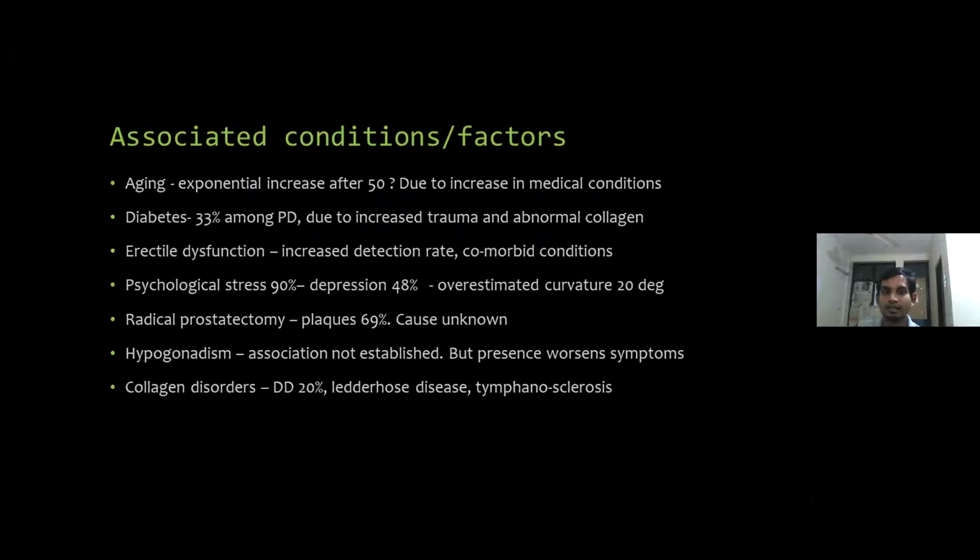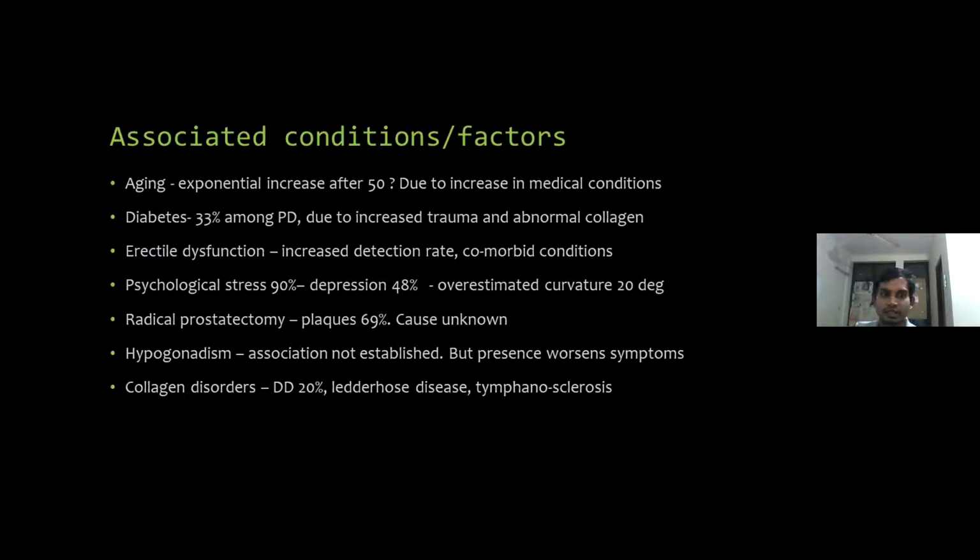In patients with diabetes, mainly those with poor control and long-standing diabetes, there is a high chance of prevalence. That is because long-standing diabetes can cause abnormal wound healing with abnormal collagen formation. Those are the hypotheses described.